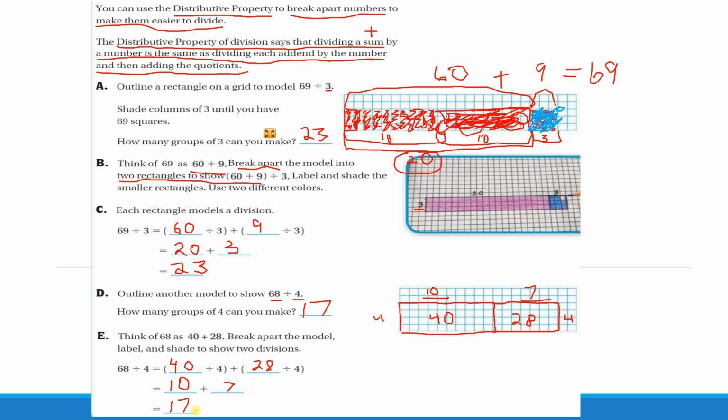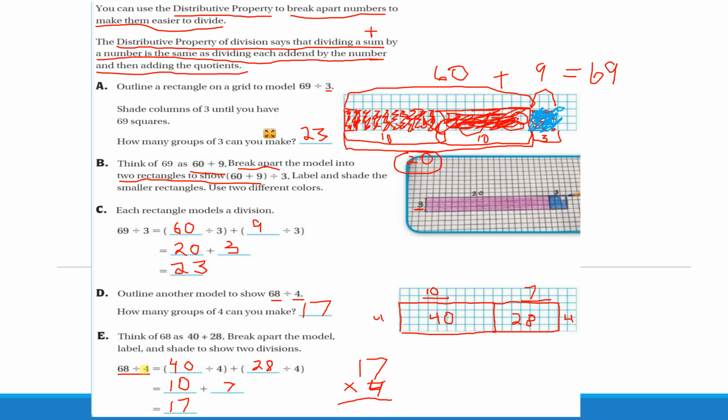And remember, how can we go back and check to make sure that our division is correct? That's right, we got to go back and take our quotient. In this case, our quotient is 17. Quotient just means the answer to a division problem. This was our answer to this division problem. So our quotient times our divisor, whoops, 4, should be a 4.